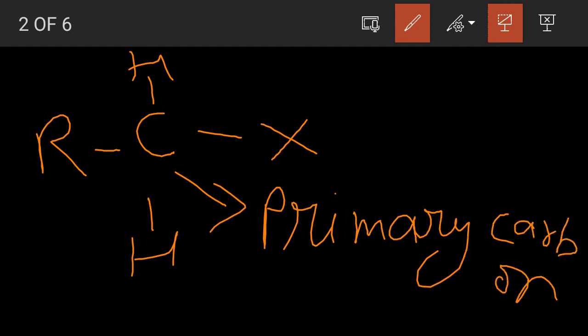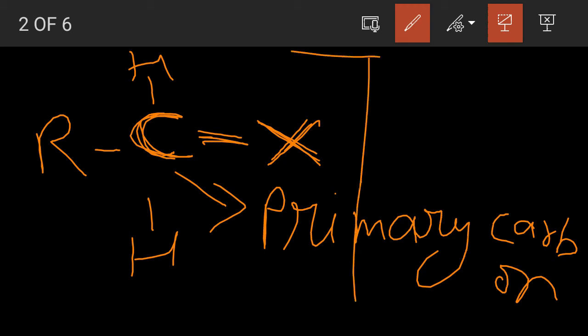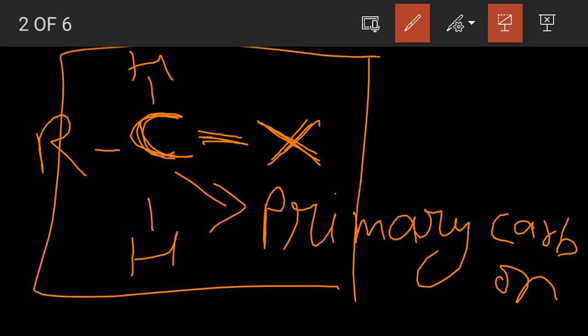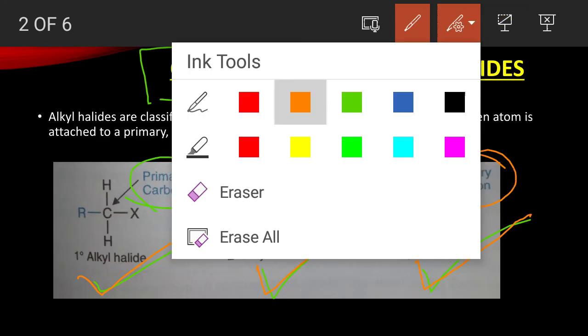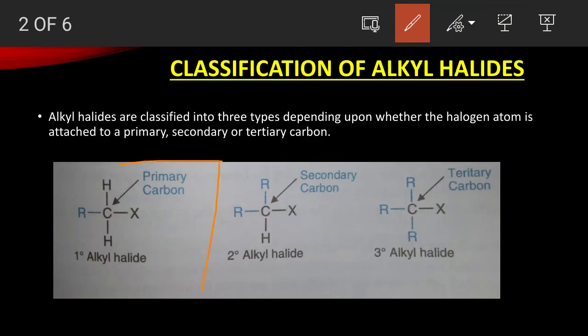This is a primary carbon atom. If the halogen atom is bonded with the primary carbon atom, then this compound is called a primary alkyl halide. Look here, this is our primary alkyl halide. It is the first type of alkyl halides.